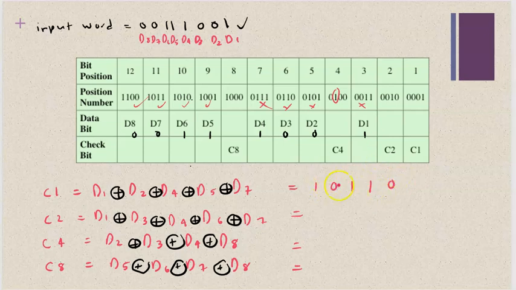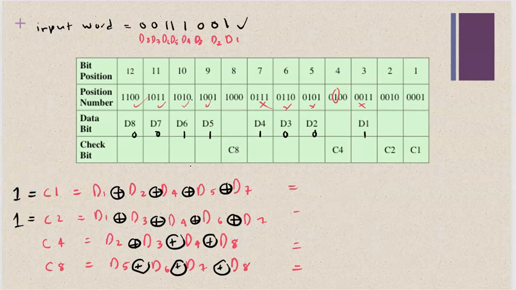So if I were to perform XOR function on these data bits, 1 and 0 would give me a 1, and then a 1 and a 1 would give me a 0. A 0 and a 1 would give me a 1, and a 1 and a 0 would give me 1. So the check bit assigned for C1 would be 1.